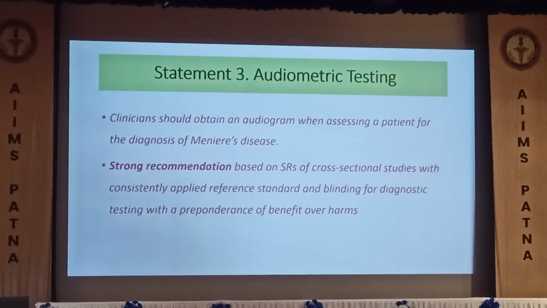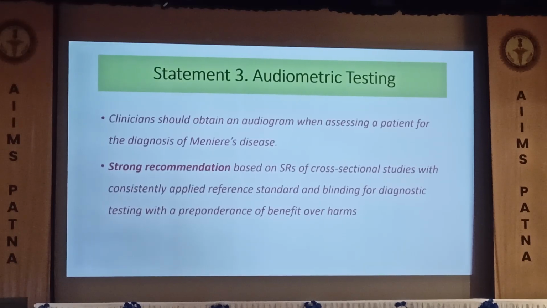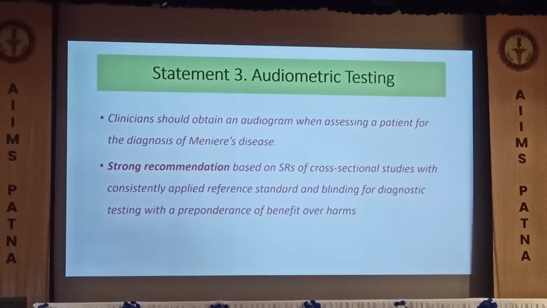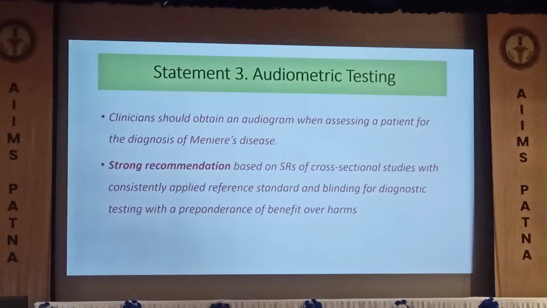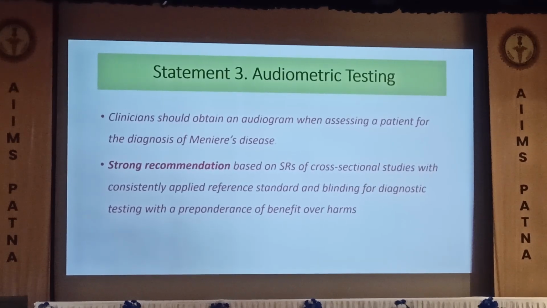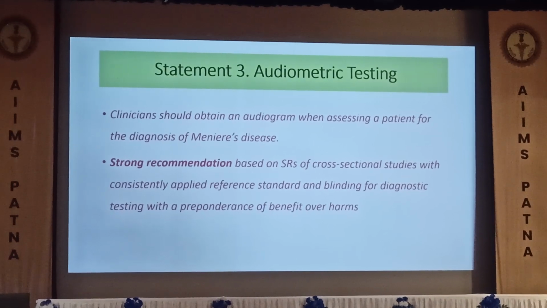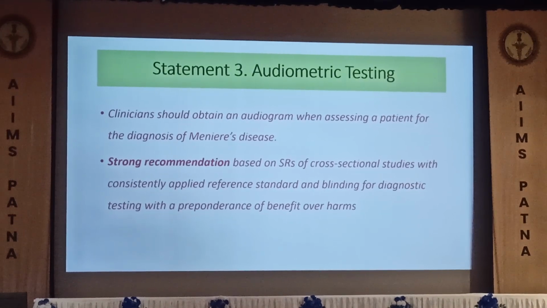How do you investigate Meniere's? As I told you, do not over-investigate, but what is the strong recommendation? When the academy gives clinical practice guidelines, the key statements are strong recommendation, recommendation, option, and no recommendation.